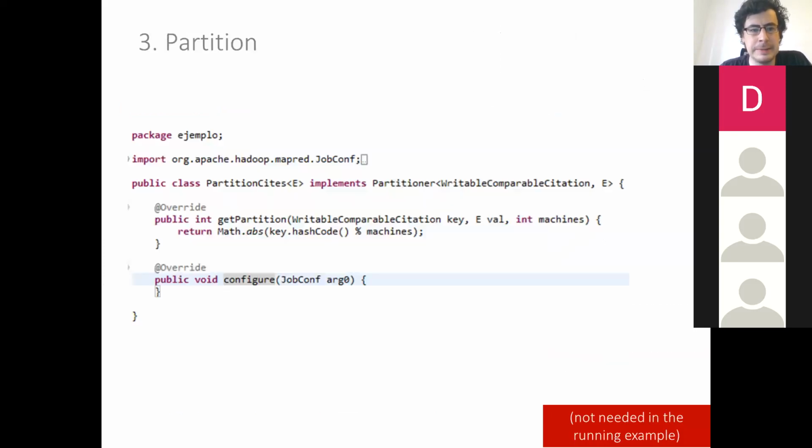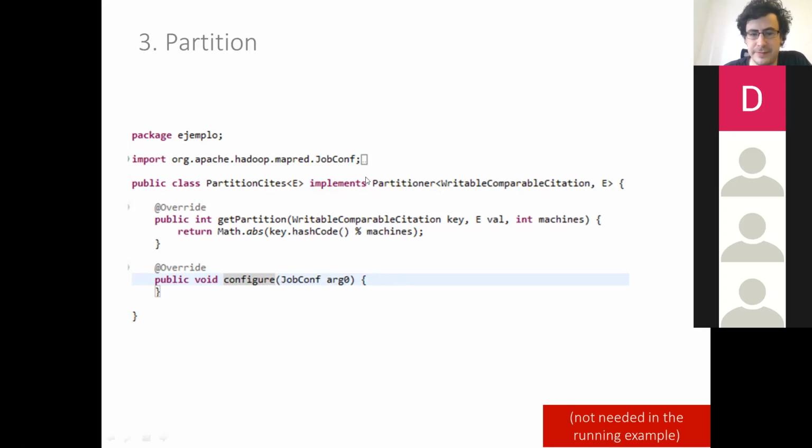Okay. So the partition, you don't have to do anything. By default, it will use a hash on the key and then do the modulo of the number of machines, and the master will figure out the best number of machines to use and so forth. If you wanted to, you could override the partitioning.